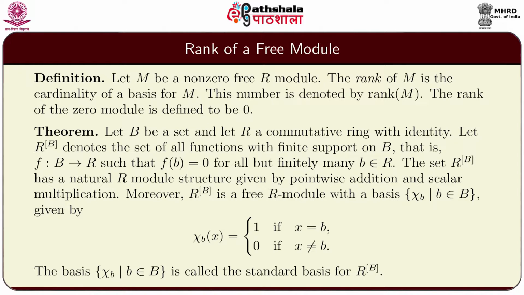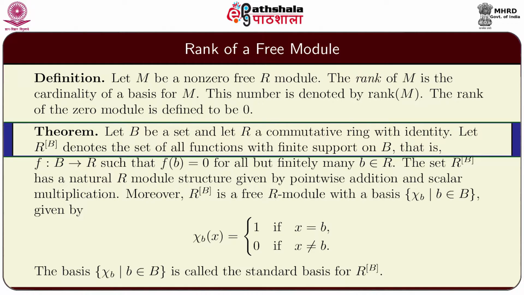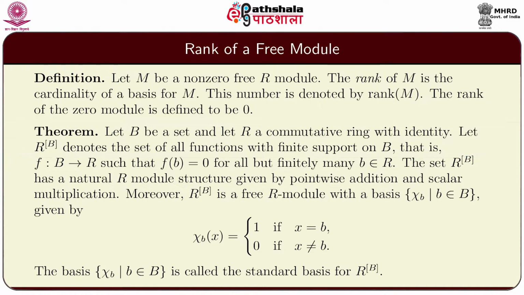Now let us start with a non-empty set B and a commutative ring with identity R. Let R box B denote the set of all functions with finite support on B, that is, the set of all f from B to R such that f(b) is 0 for all but finitely many b in B. The set R box B has a natural R module structure given by pointwise addition and scalar multiplication.